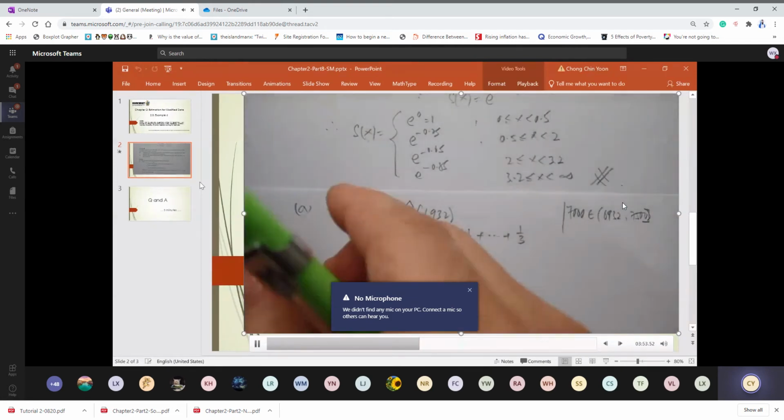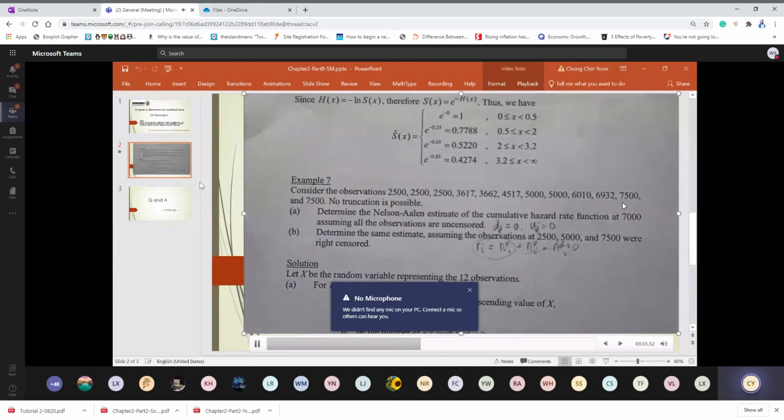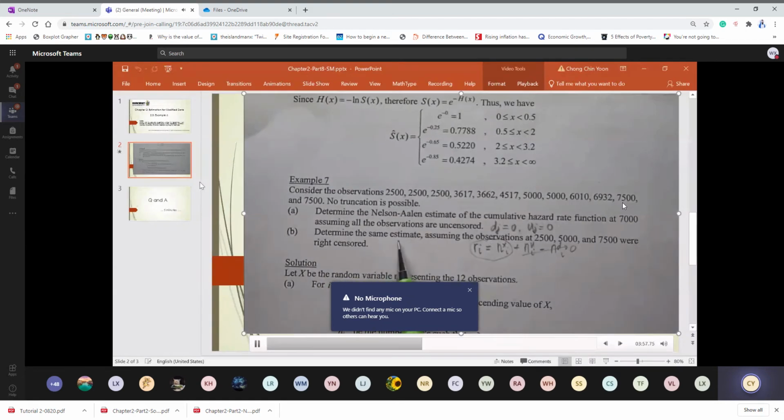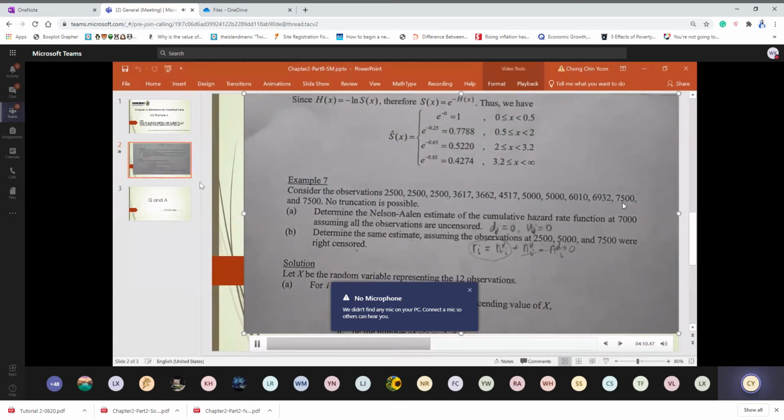So now we go to part B. We want to determine the same estimate, assuming the observations at 2005, 5000, and 7005 are right censored. That means these 3 values now become right censored. That is a U value. So you have to construct another table.